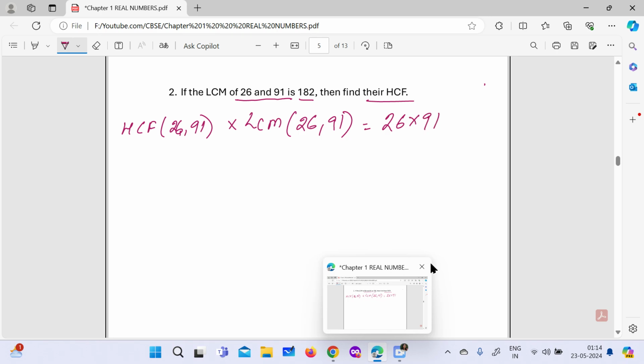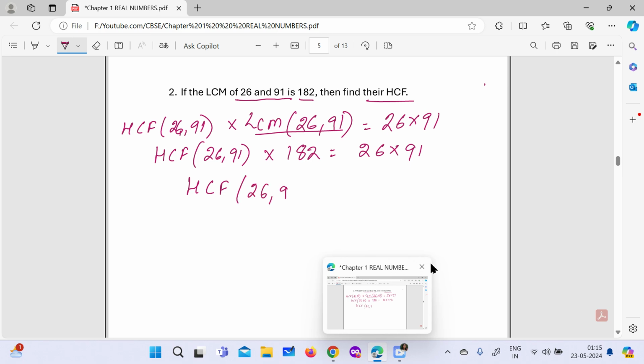Now LCM is already given, we can replace it here. So LCM of 26 and 91 is 182, and this is 26 times 91. Hence, your HCF of 26 and 91 is 26 times 91 over 182.